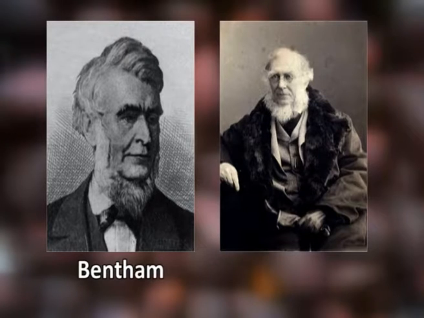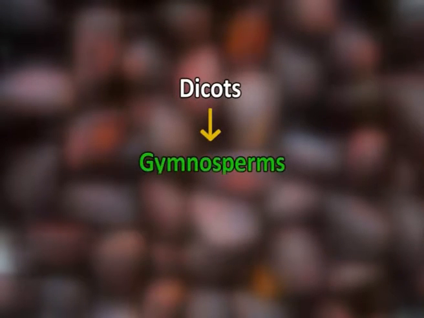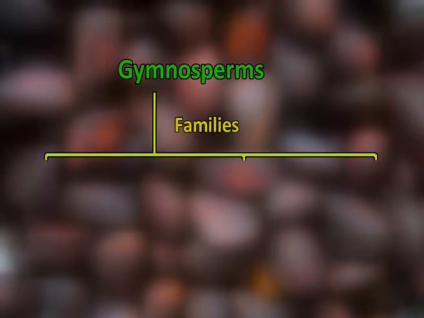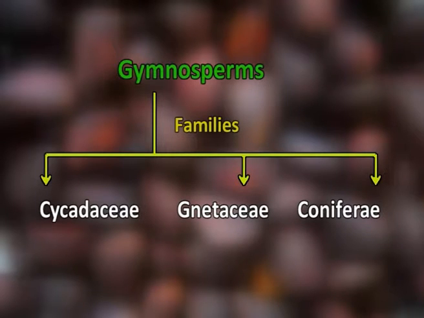One of the earliest attempts was made by Bentham and Hooker. They divided seed-bearing plants into dicots, gymnosperms, and monocots. Gymnosperms were further divided into three families: 1. Cycadaceae, 2. Gnetaceae, and 3. Coniferae.